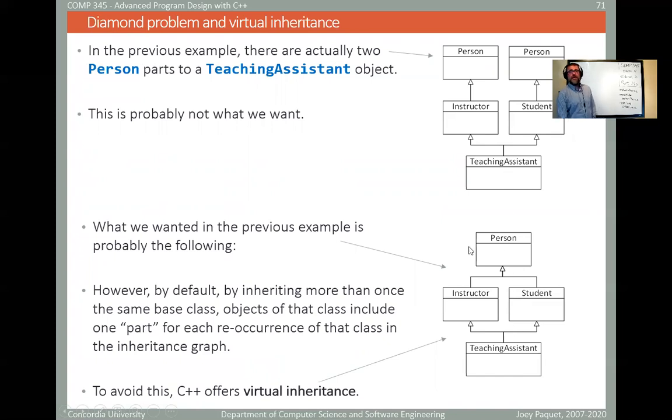Whereas here, it's going to create the person part, the instructor part. Then when it comes to the student, the person part has already been created. So it's going to create a student part that uses the same person part as instructor, so you would not end up with two different person parts for this particular design.